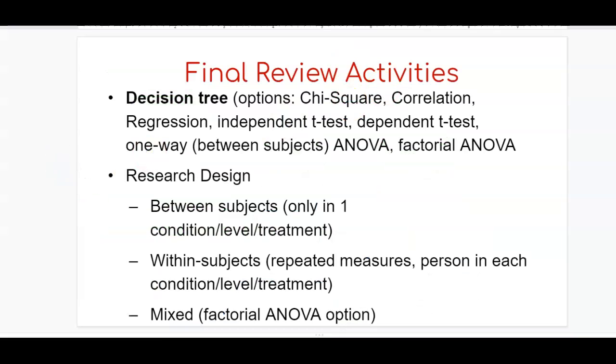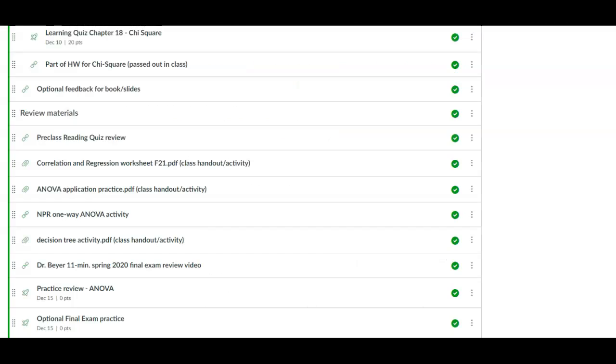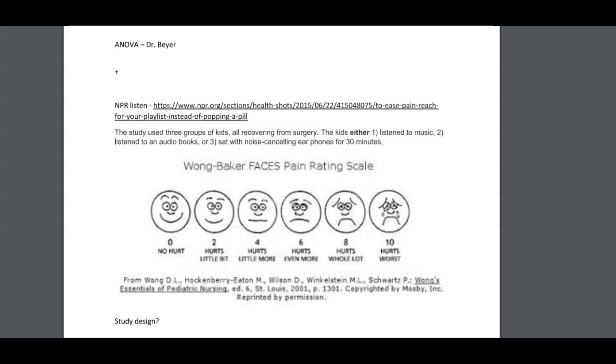Your second activity was reviewing ANOVA. We're reviewing a one-way ANOVA. I'm having you listen to an NPR clip, and if you're in the slides, you can click on the link. The link is also posted right here. It's a 4-minute blurb about an actual research study.